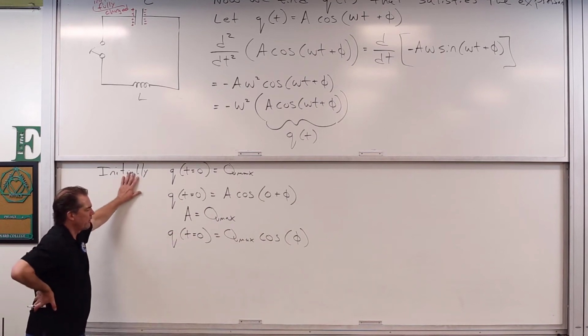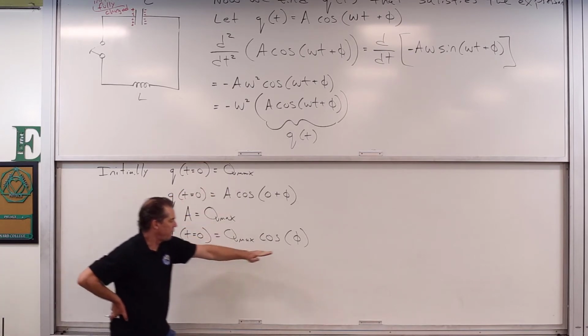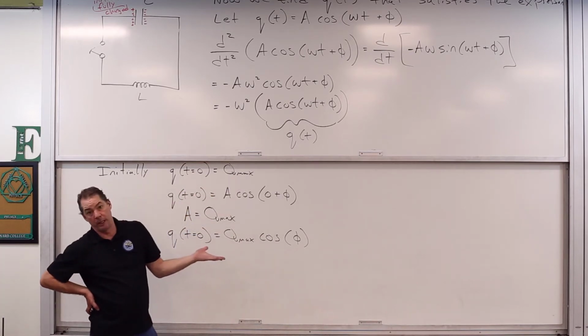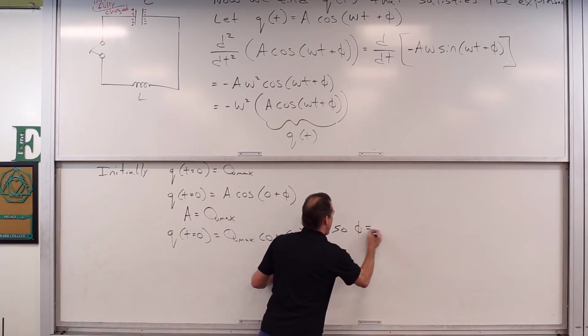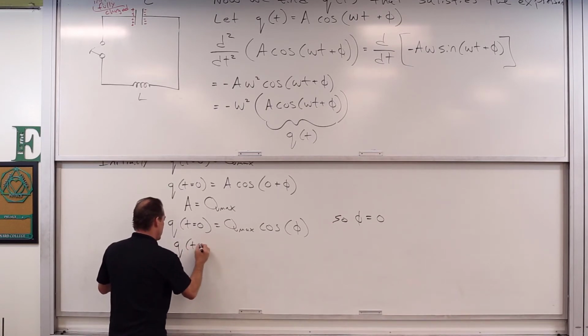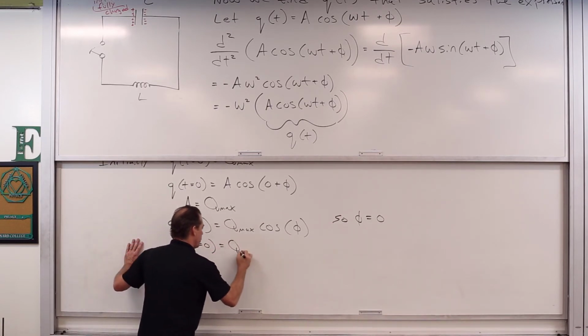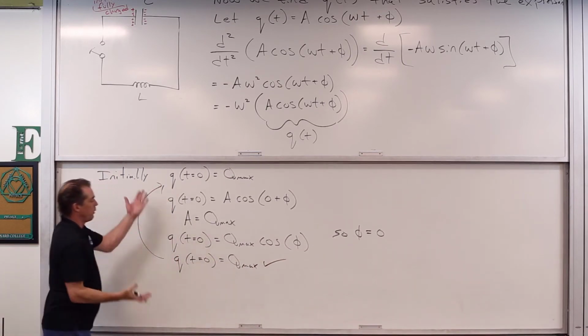And then we just ask ourselves, if we're saying that at t equals 0 we have to have Qmax, then phi has to be equal to 0 if we chose cosine. So that Q of t equals 0 is equal to Qmax. Check. That's what we wanted.